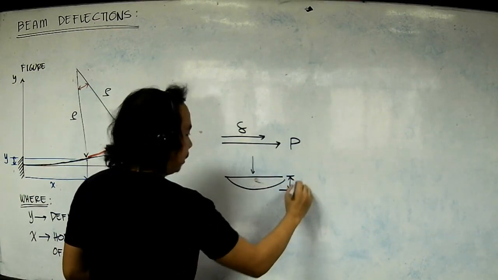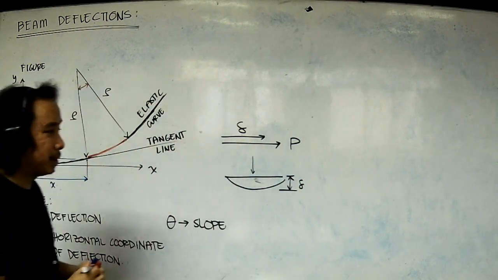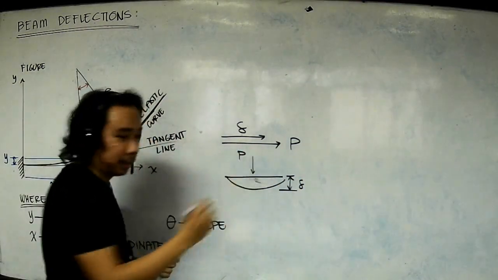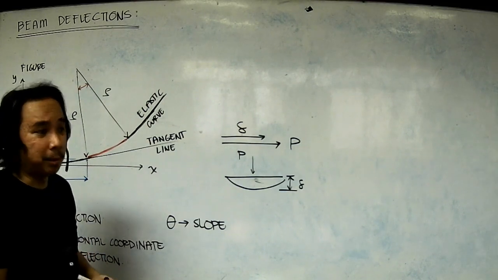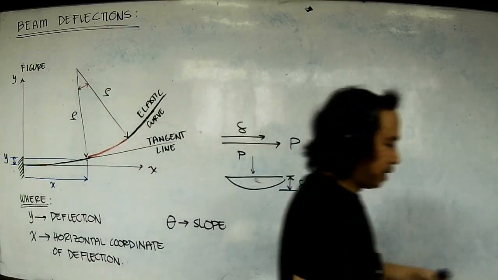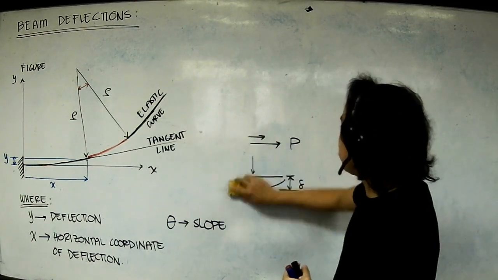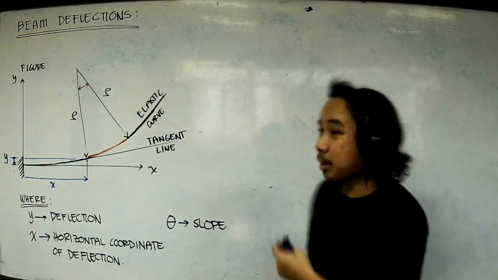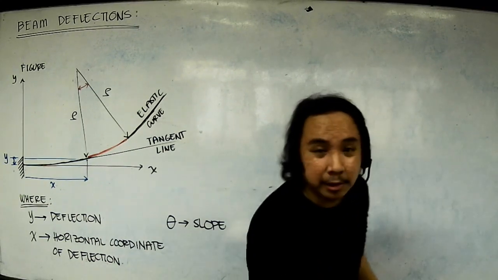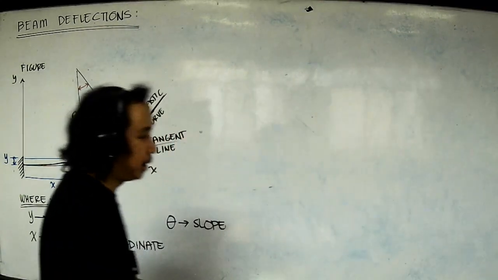Okay? So, in other words, it is more of a lateral deformation when we talk about deflections. Now, this afternoon we will be deriving some expressions on how to quantify these beam deflections. Okay? This is also a very good parameter in our design.